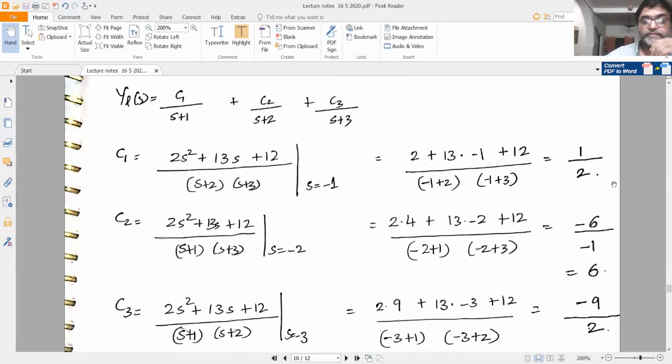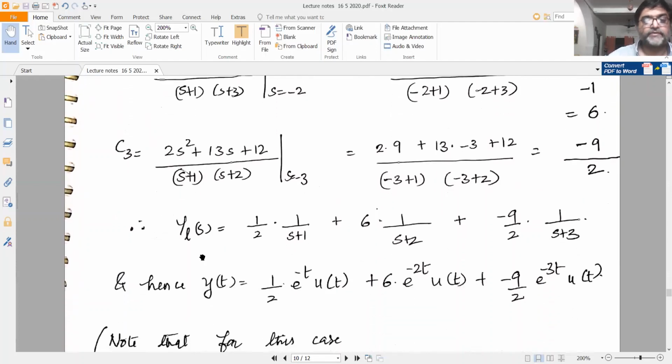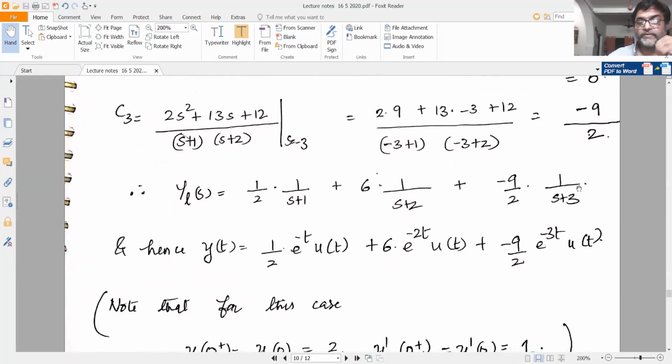So c1 you get as 1 by 2, c2 you get as 6, c3 you get as minus 9 by 2, which is equal to minus 4.5. So I'll keep this as minus 9 by 2, it's okay. So yl of s is equal to 1 by 2 into 1 by s plus 1 plus 6 into 1 by s plus 2 minus 9 by 2 into 1 by s plus 3.